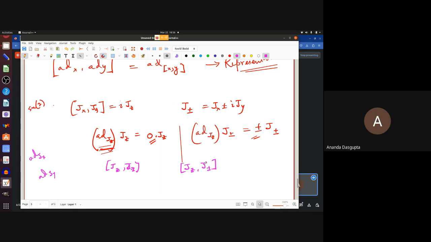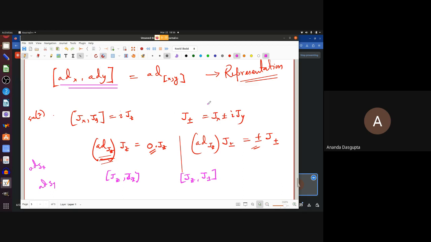Remember, this formula tells you that the commutators of the adjoints essentially mimic the original commutators. So ad Jz and ad Jx do not commute, and because they don't commute, they cannot be simultaneously diagonalized. And take any one of them. Well, when you're talking of SU3, there are 8 generators, and 2 of them mutually commute.